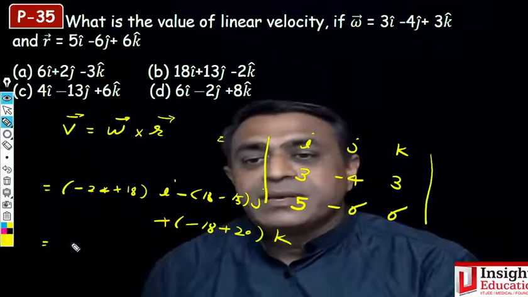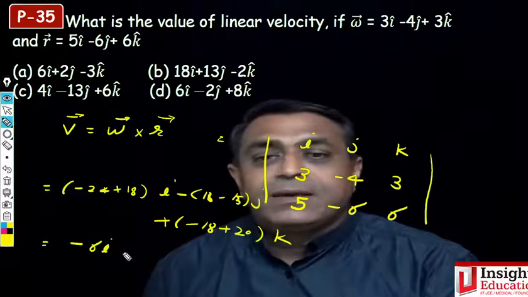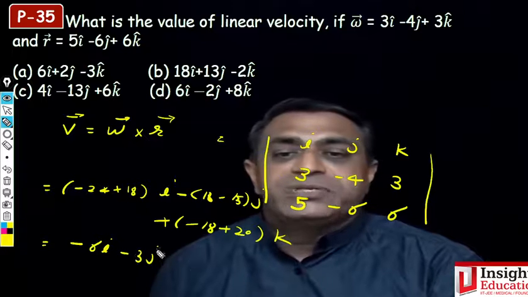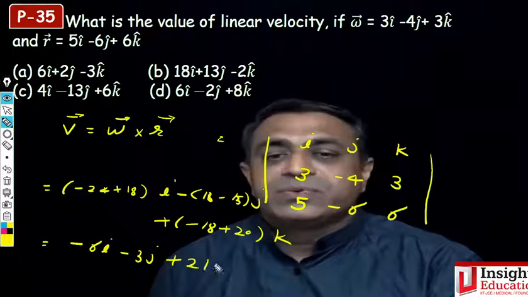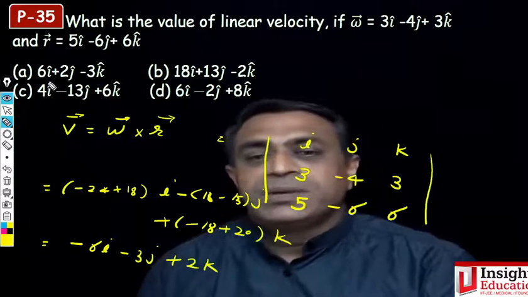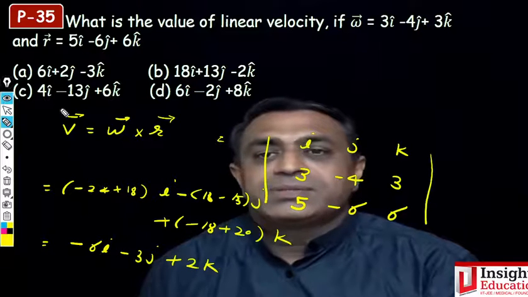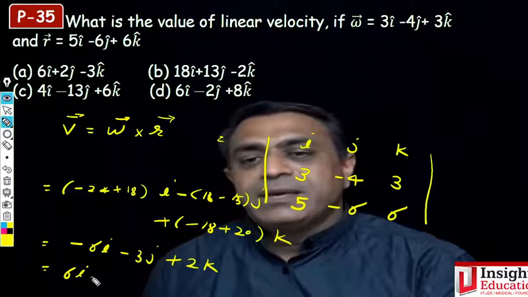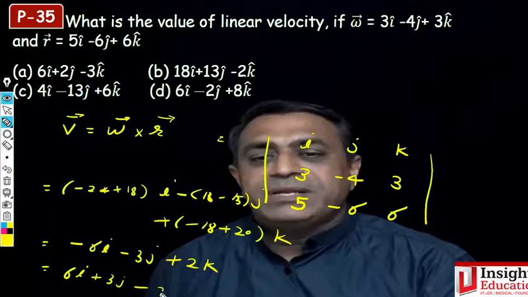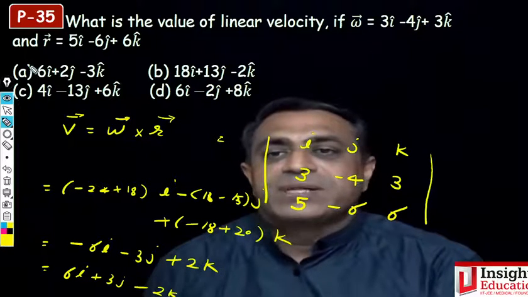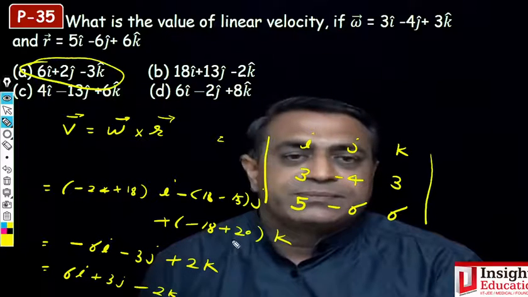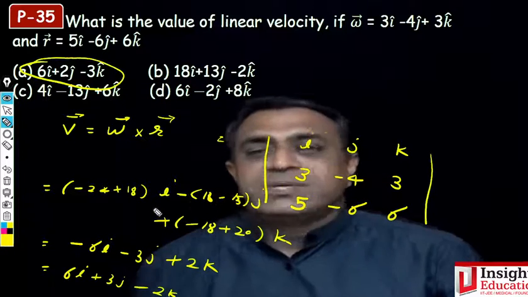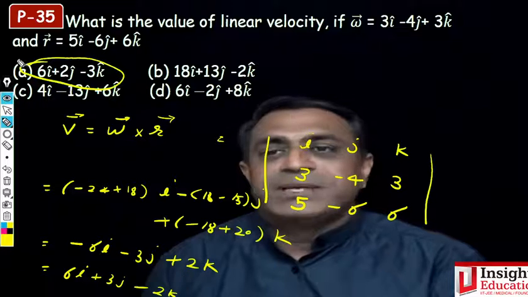The answer is minus 6i minus 3j plus 2k, so you can reverse it: 6i plus 3j minus 2k.